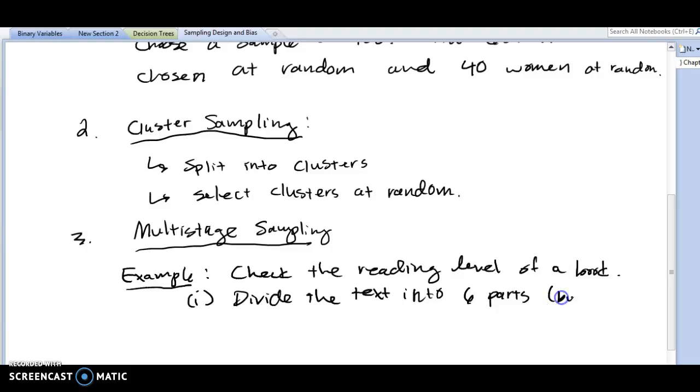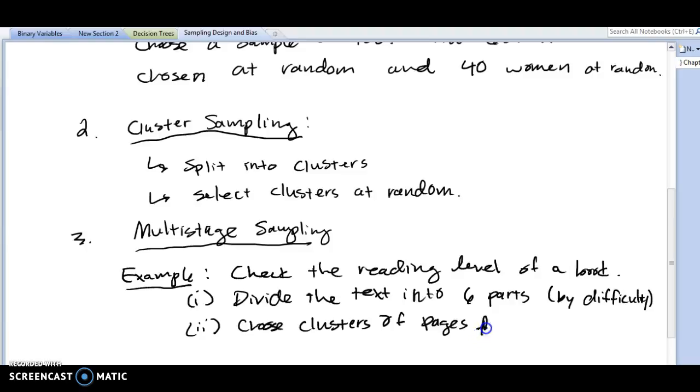If it's a textbook, often the difficulty increases and becomes more technical as you move forward. And then you could choose clusters of pages from each chapter. And then lastly, you might take an SRS, a simple random sample, from each cluster.